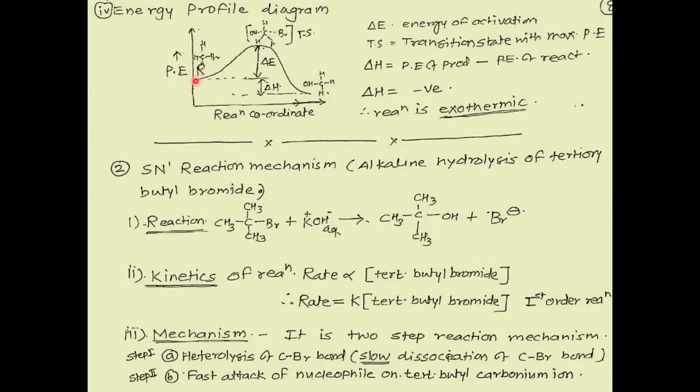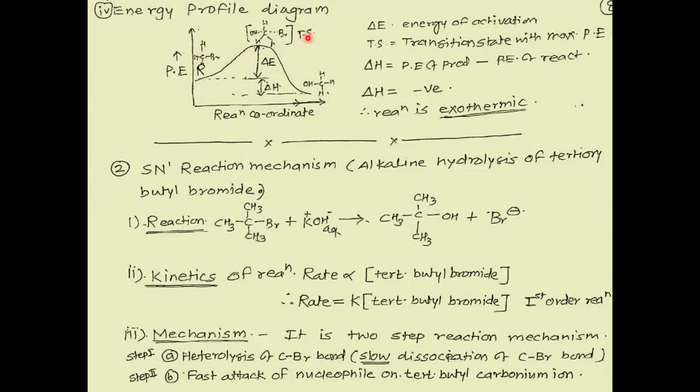So at this stage, with this molecule methyl bromide, the nucleophile approaches from the backside, so the energy of the system goes on increasing and reaches the maximum level, where it is the transition state, TS.